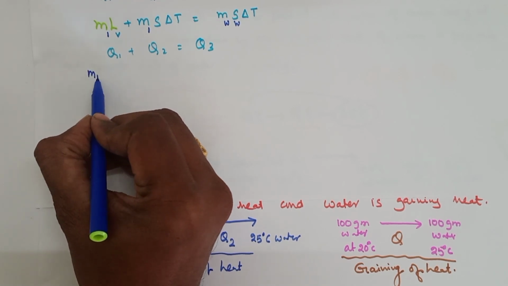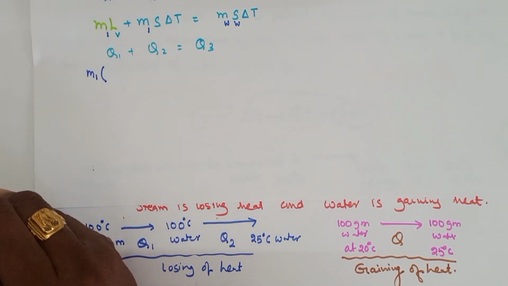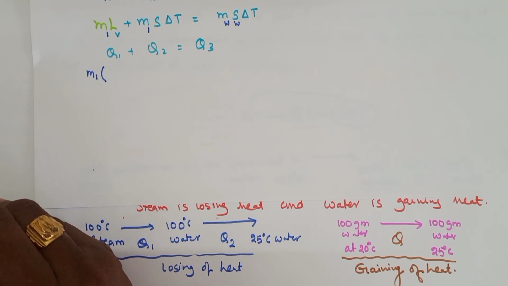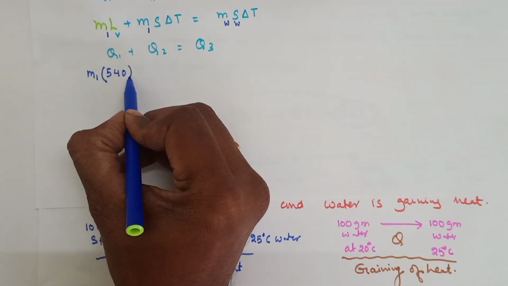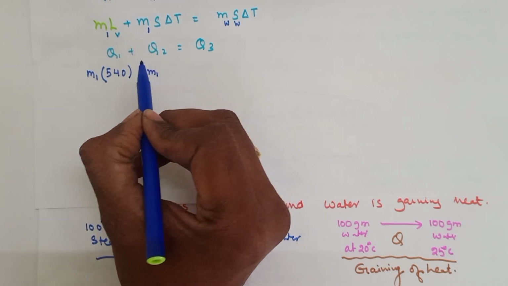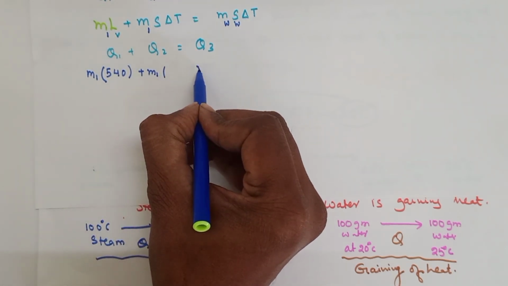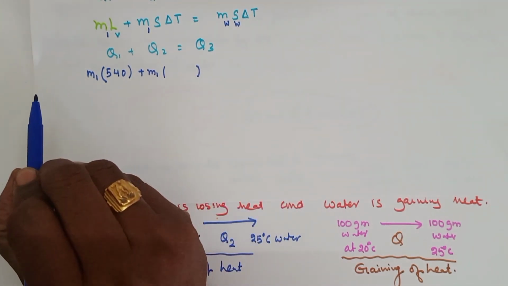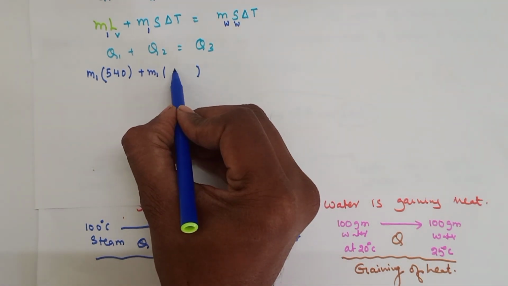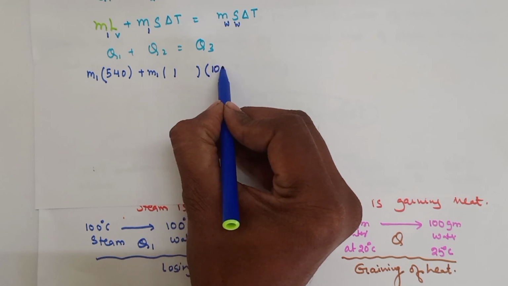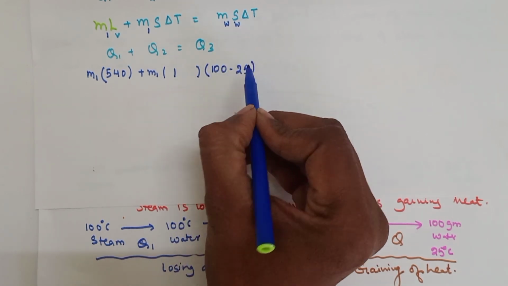So M1 times the latent heat of vaporization. What is the value of the latent heat of vaporization of steam, given in calories? 540, plus M1 times the specific heat of water, which is 1 calorie per gram per degree Celsius, for the temperature change from 100 to 25 degrees centigrade.